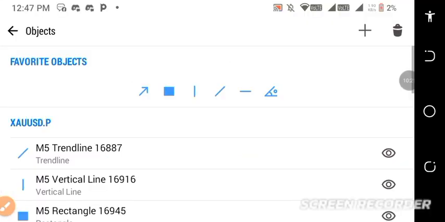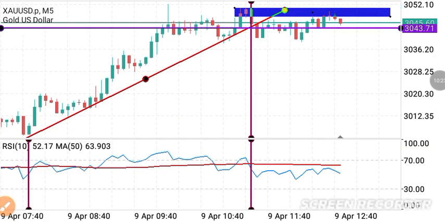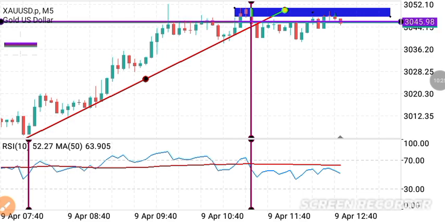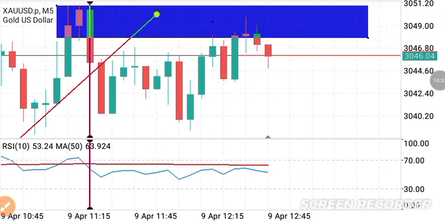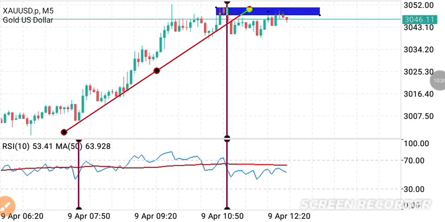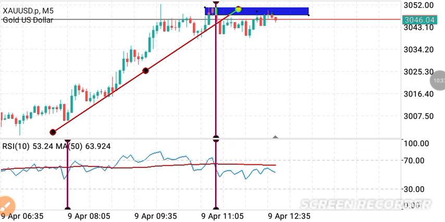You can see when the market went there, there is this candlestick pattern that formed, where the gray line is.